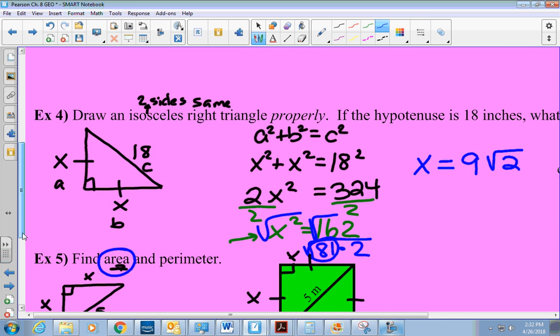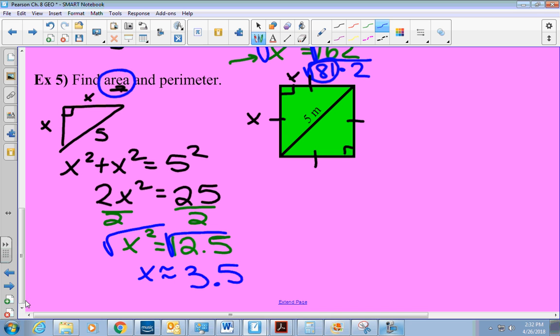So the area of a square is going to be base times height. So you're going to take 3.5 times 3.5.